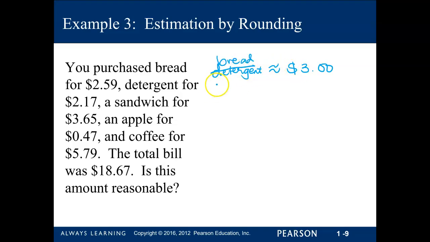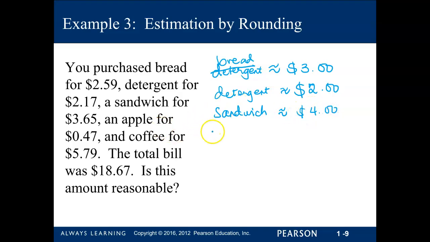That's the bread. And then the detergent is at $2.17. So $2.17 is much nearer to $2. Okay. Sandwich is $3.65. So the sandwich is closer to $4.